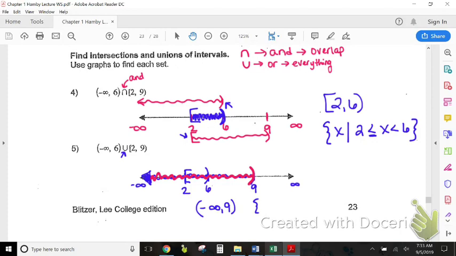And then my set builder notation would be x such that, I know one of them's going to be infinity, so I'm going to just put my x. Is it getting less than or greater than the 9? It's getting less than the 9. Remember, if you need to, do this piece down here, okay? And then we know we mark out the infinity, so we know that this part is what would go up there. And so there's our interval notation and our set builder notation.